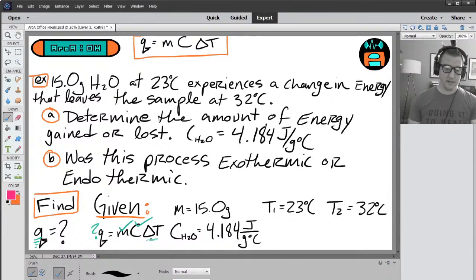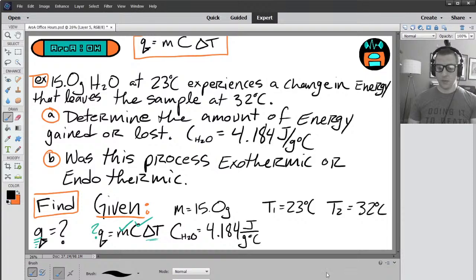ΔT is the change in temperature. Change in temperature is equal to final minus initial. Anytime you have a change, that triangle symbol, delta, it equals final state minus initial state. So we actually have to calculate a value for ΔT based on our initial and final temperature here.